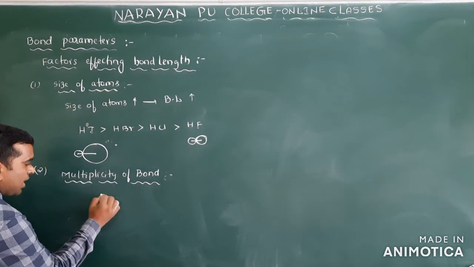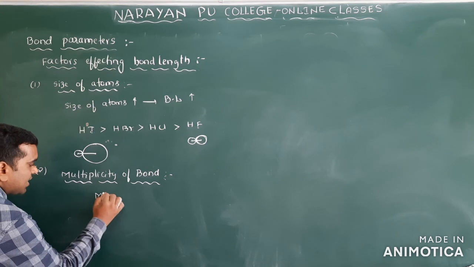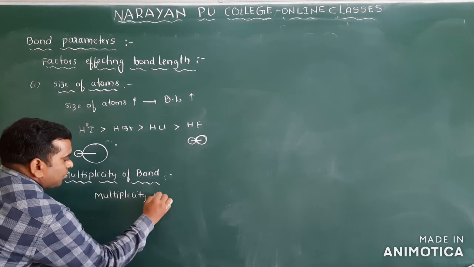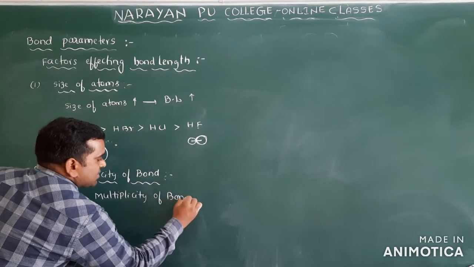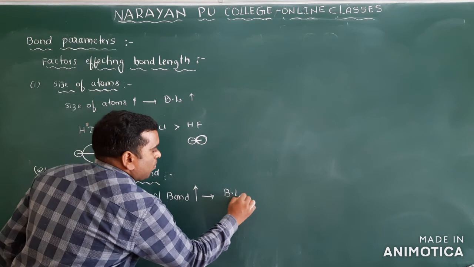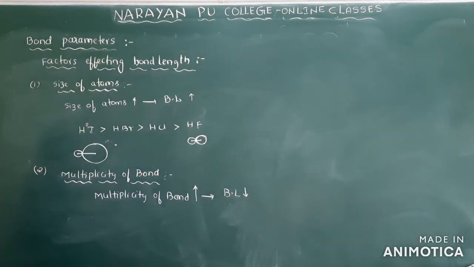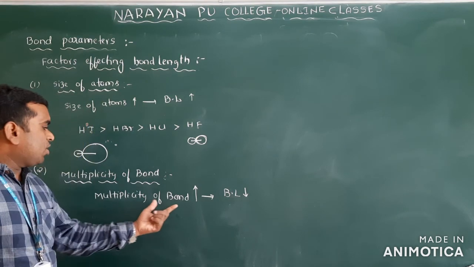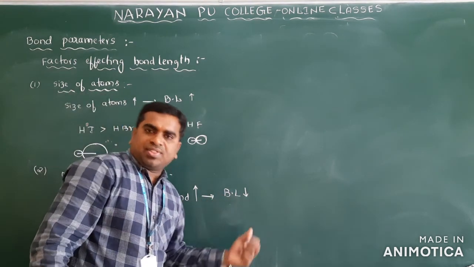As the multiplicity of bonds increases, bond length decreases. You have to write it that way; don't put arrows here. Write: multiplicity of the bond increases, bond length decreases.